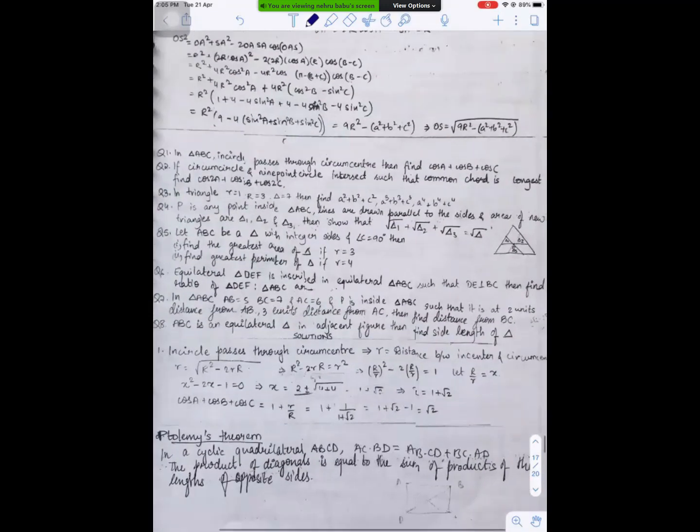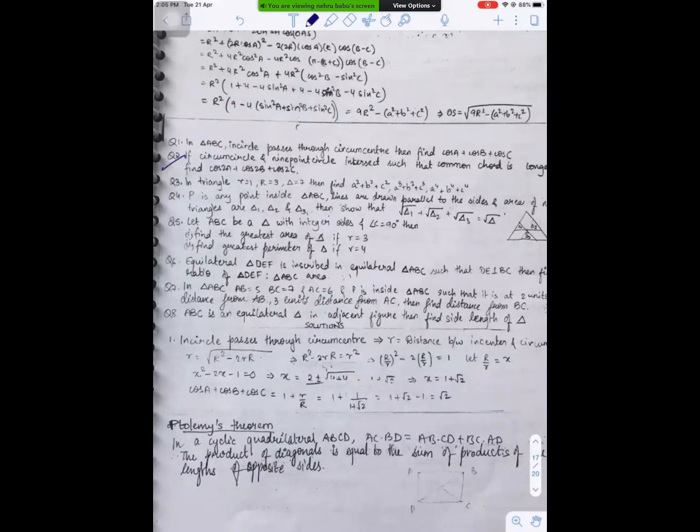One more question I also gave as homework at that time: the circumcircle and the 9-point circle intersect such that the common chord is longest. Then what is cos 2A plus cos 2B plus cos 2C? Common chord is longest means there is only the diameter in that.